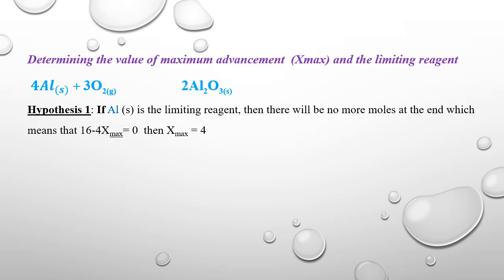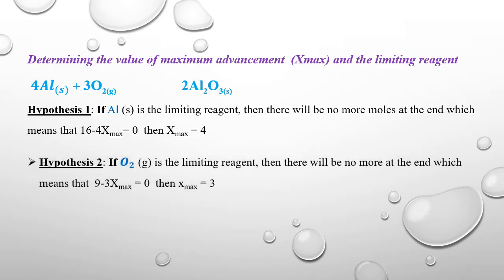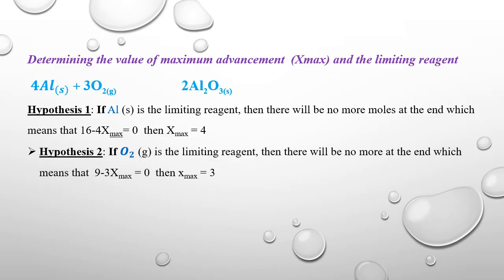If Al is the limiting reactant, then there will be no more moles at the end, which means that 16 minus 4x max is equal to 0, hence x max is equal to 4. Assumption 2, if O2 is the limiting reactant, then there will be no more at the end, which means that 9 minus 3x max equals 0. Consequently, x max equals 3.